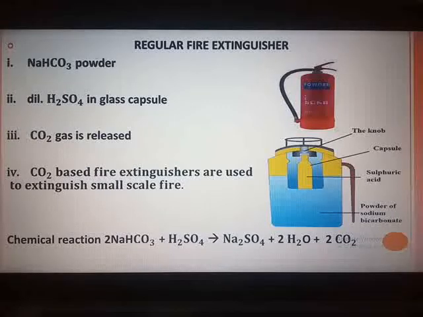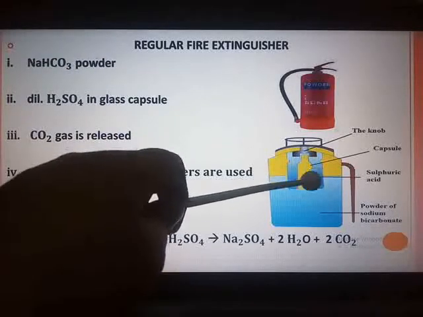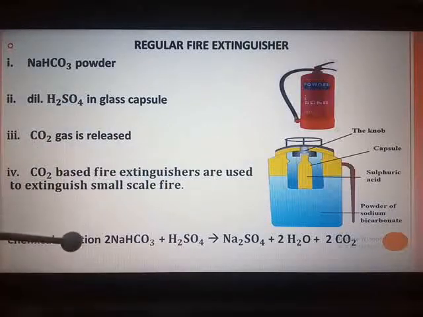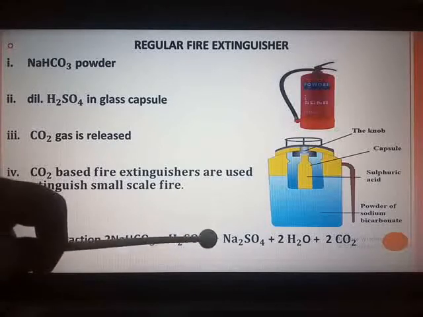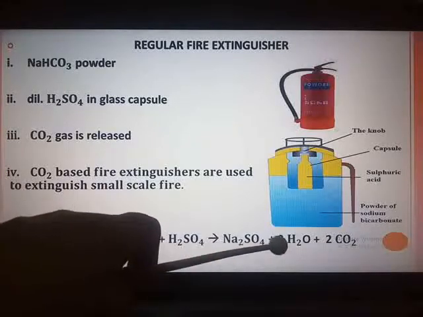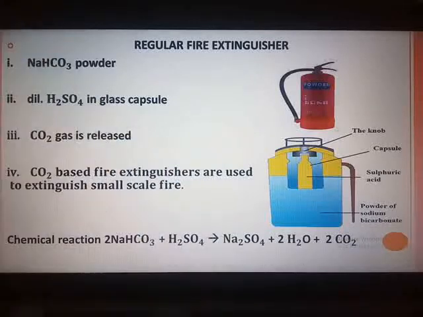Now the chemical reaction: sulfuric acid is coming in contact with sodium bicarbonate. So 2NaHCO3 plus H2SO4, that is sulfuric acid, forms sodium sulfate plus water plus carbon dioxide. So the carbon dioxide which is obtained by chemical reactions or which is kept under pressure is used to extinguish fire in fire extinguishers.